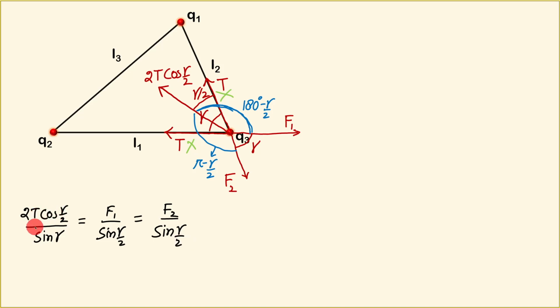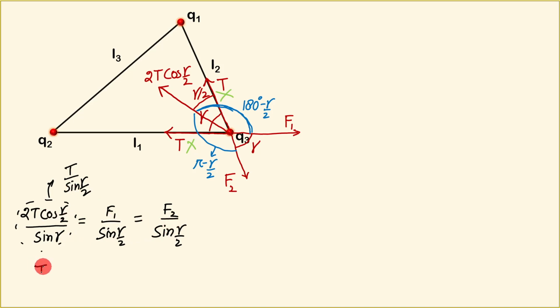Now if you manipulate this term here, sine gamma can be written as 2 sine(gamma/2) into cos(gamma/2). So 2 cos(gamma/2) will get cancelled. This term will become T by sine(gamma/2), and you can see that in this equation the denominator is the same for all of these.